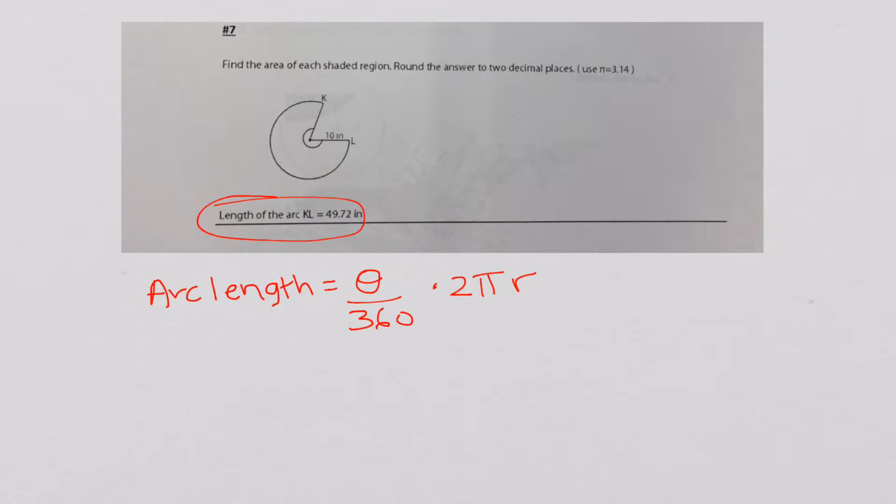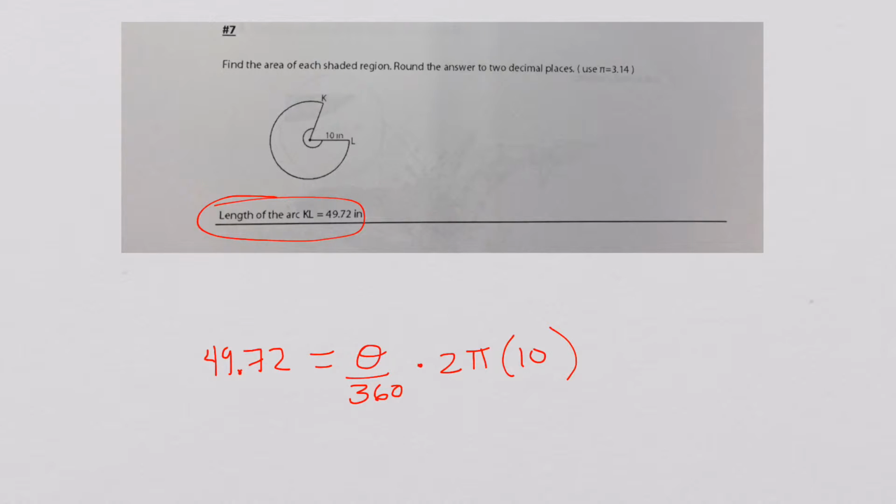In this case, our arc KL is 49.72 inches. So we have 49.72 inches equals theta over 360 times 2 pi, and our r is 10 inches. Now we've got this equation, and I'm going to go ahead and erase this.